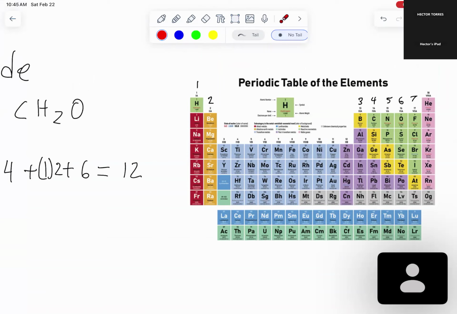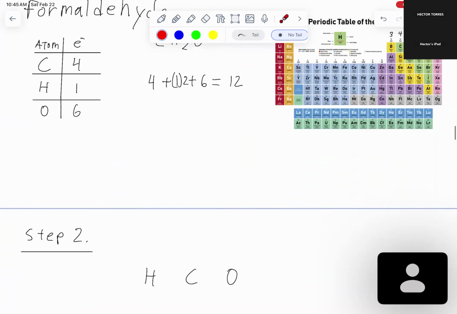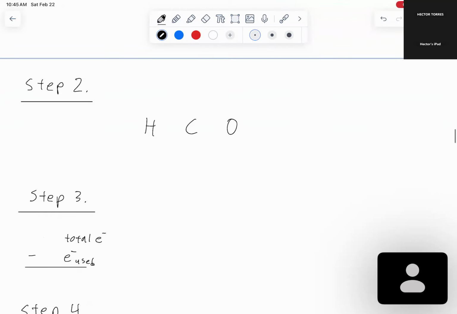Carbon's a little further away, and hydrogen is all the way over there. So it has to be either carbon or hydrogen in the middle. However, thinking about which one can make the most bonds, hydrogen can only make one because it only has 1 valence electron, whereas carbon can make up to 4 bonds because it has 4 valence electrons. So we're going to keep carbon in the middle.